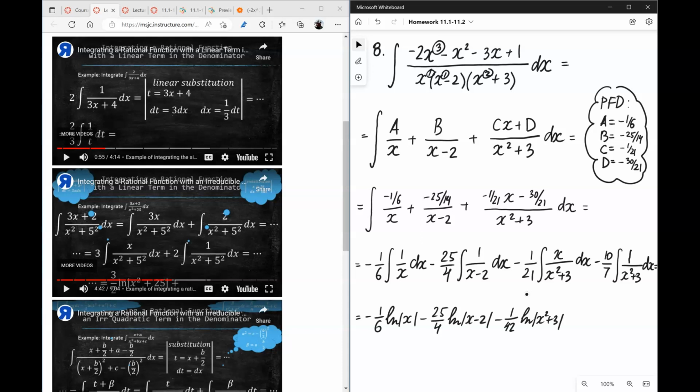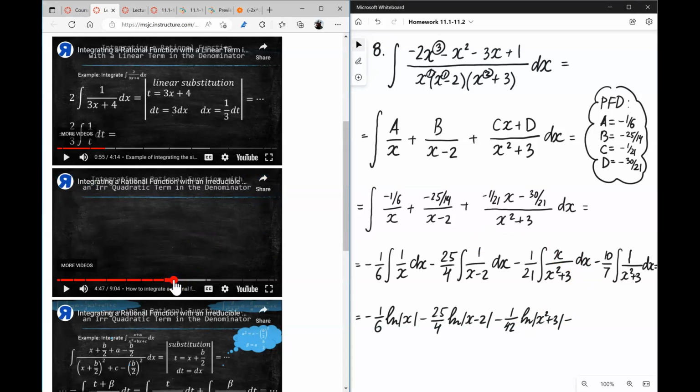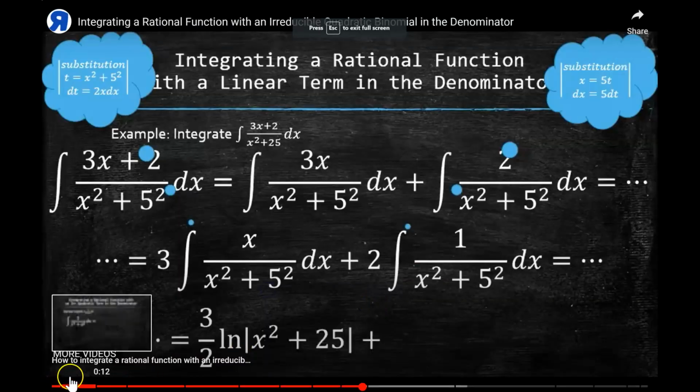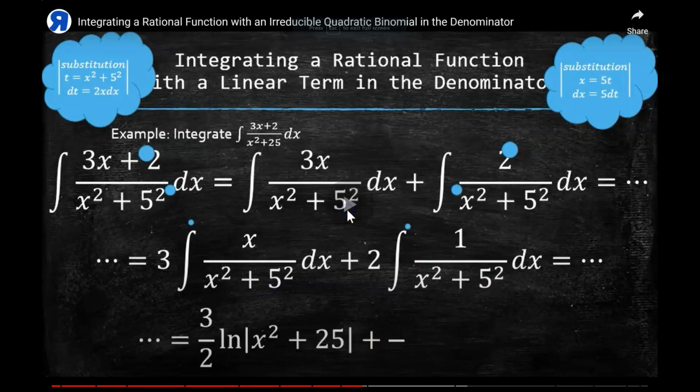Check my work. And the last one is a pretty standard integral, which you can find right here. It's pretty much at the very last step of this problem.